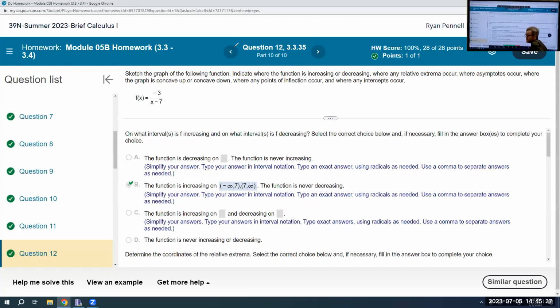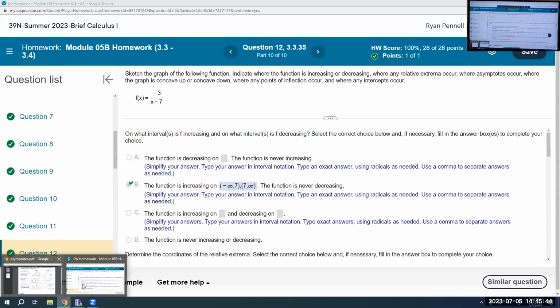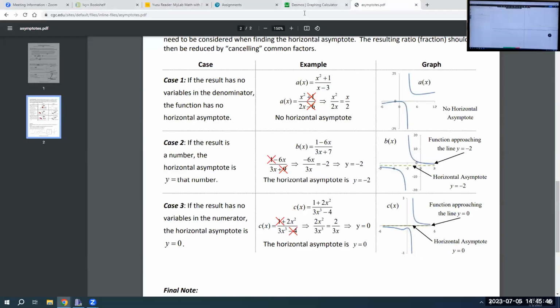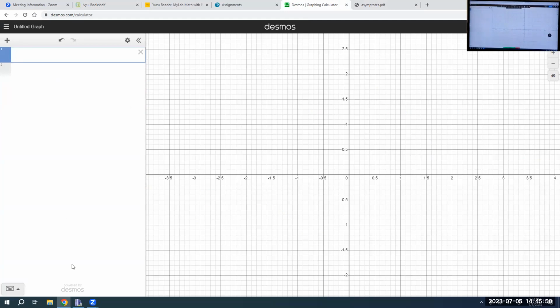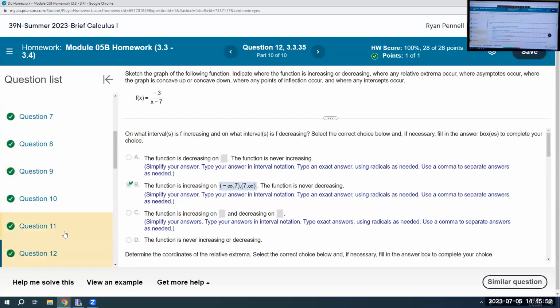So it wants us to sketch a graph. We could just plug it in Desmos and have that sketch a graph. That would be easy enough. Or you can use your TI-84 if you please. -3 over -7.